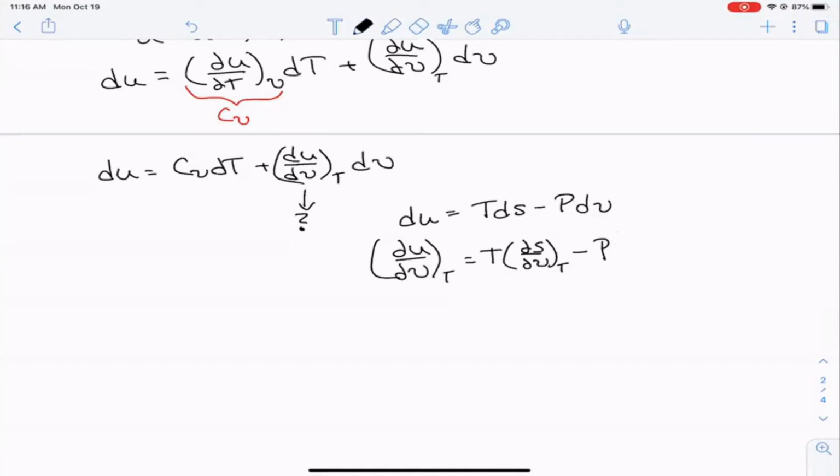And okay, this is fine. We know what the pressure is, or at least we feel like we know what pressure is. That leaves us with a question of what in the world is (dS/dV) at constant T?